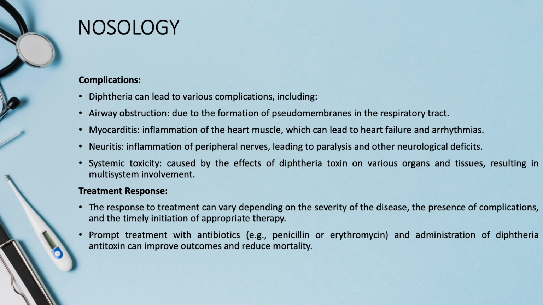This is regarding tuberculosis. Now, the next pathogen is diphtheria. The next pathogen is Corynebacterium diphtheriae. That means it is a rod-shaped, non-spore forming, gram-positive bacteria.